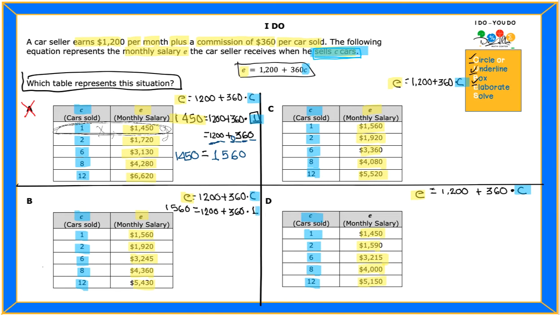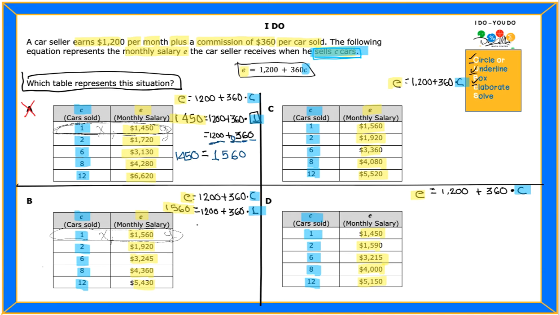And so you can see I got this one from this side of the table, and we got the 1,560 from this side of the table. And we have to do one row at a time. Why? Because this is an ordered pair, so they cannot be separated. It means a point in the graph that cannot be broken down.